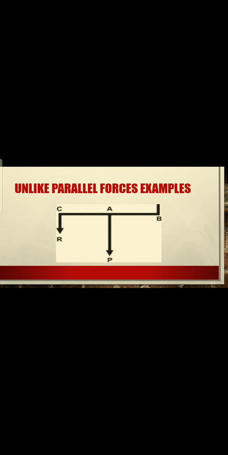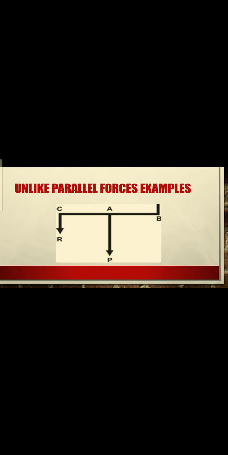This video is all about like and unlike parallel forces. First we studied what parallel forces are, and then we discussed examples of parallel forces, whose lines of action are similar and which lie in the same direction, as we studied in the case of the car and the bunch of apples.